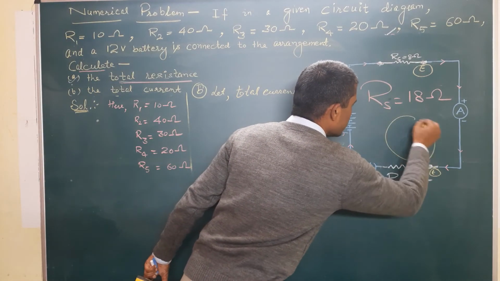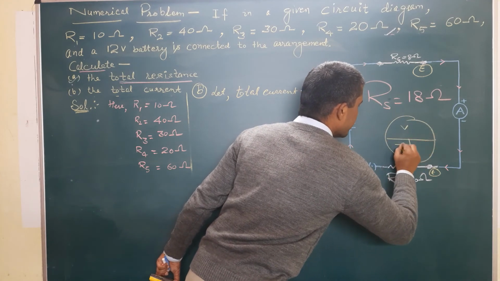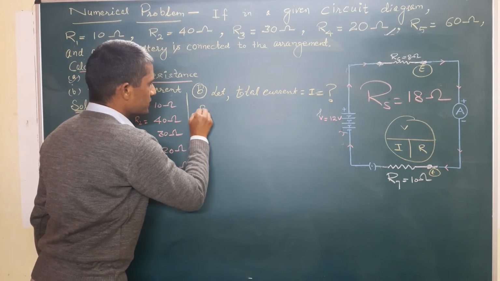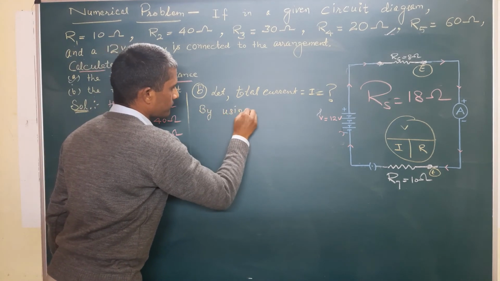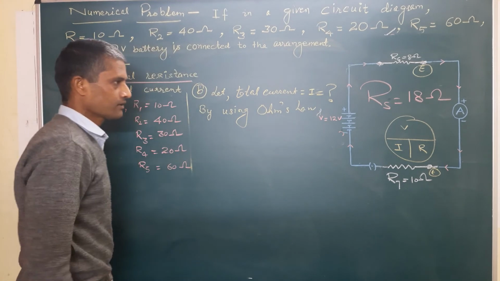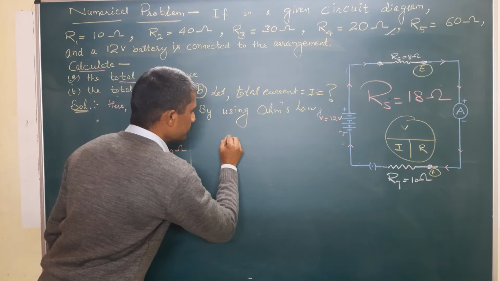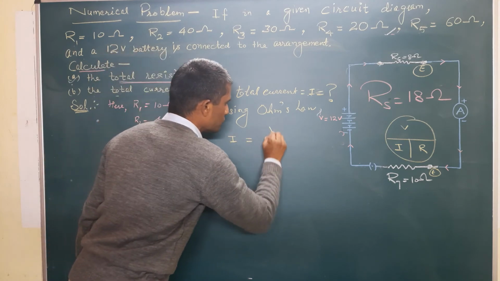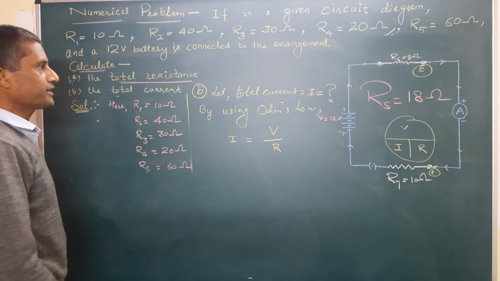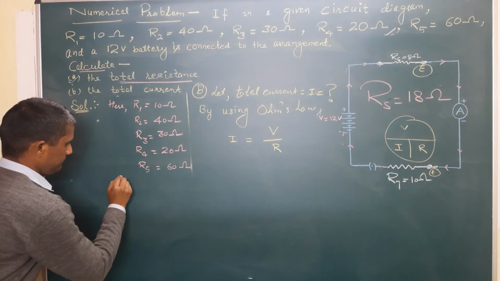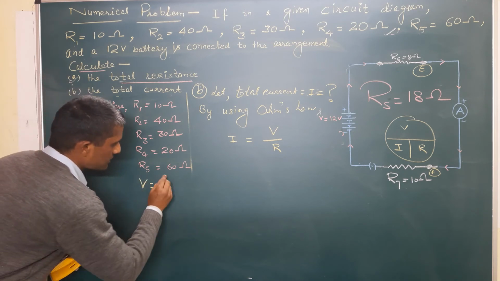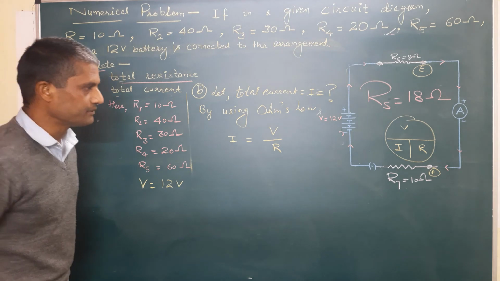There is a triangular technique we already have: V, I and R. We want to find out I. So by using Ohm's law, I is equal to V upon R, and the total potential difference we already have: V is equal to 12 volt. This is already given to us.